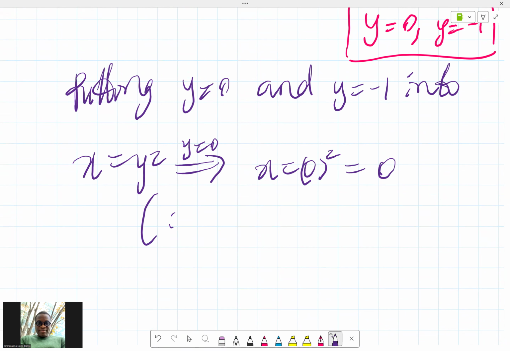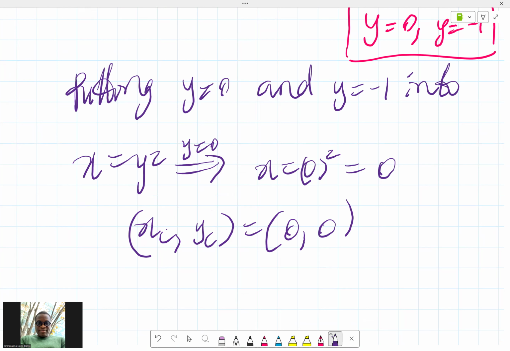So x comma y is equal to 0, 0. This is what we call xc and yc, so xc and yc here are 0, 0. This is one critical point.